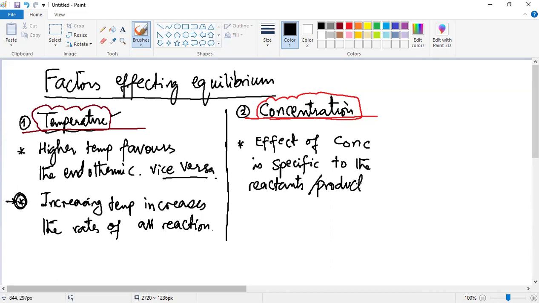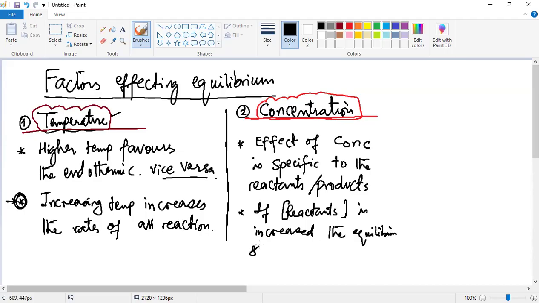For example, if reactants concentration is increased, then equilibrium shifts to the right-hand side. Whereas if the product concentration is increased, then the equilibrium would shift to the left-hand side. This is also vice versa.